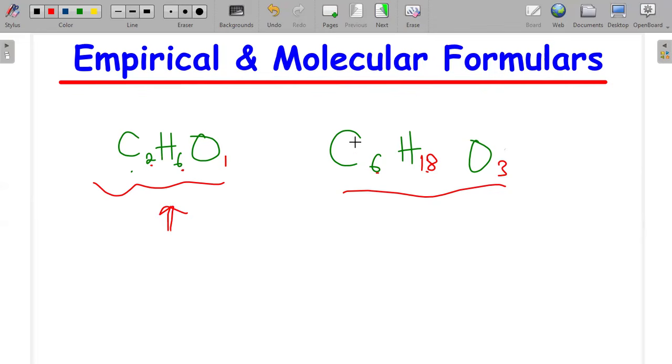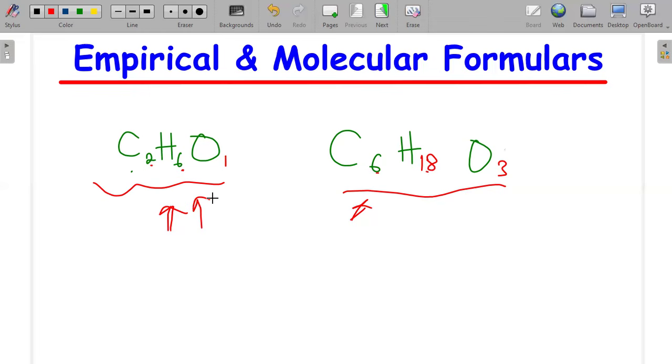The molecular formula is the one that shows the exact number of atoms contained in that molecule. So in this molecule, there will be 6 carbons, 18 hydrogens, and 3 oxygens. But we can reduce this to the empirical formula that shows the simplest ratios of those atoms. So that's what empirical and molecular formulas are.